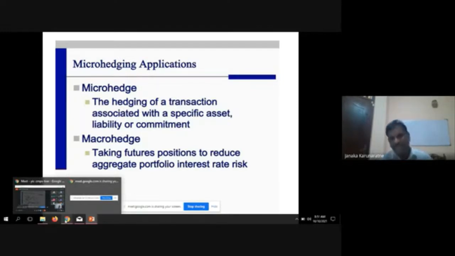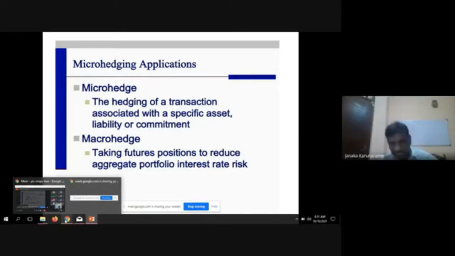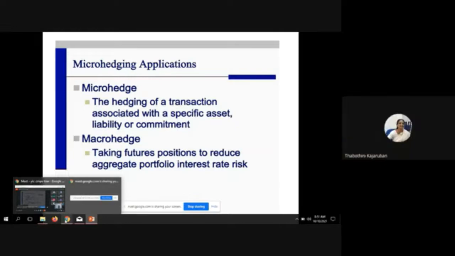What is the next step once you identify the risk in your bank or firm? Can you all hear? To mitigate the risk, take steps to mitigate the risk. Yeah, but before mitigating, identifying the reason.